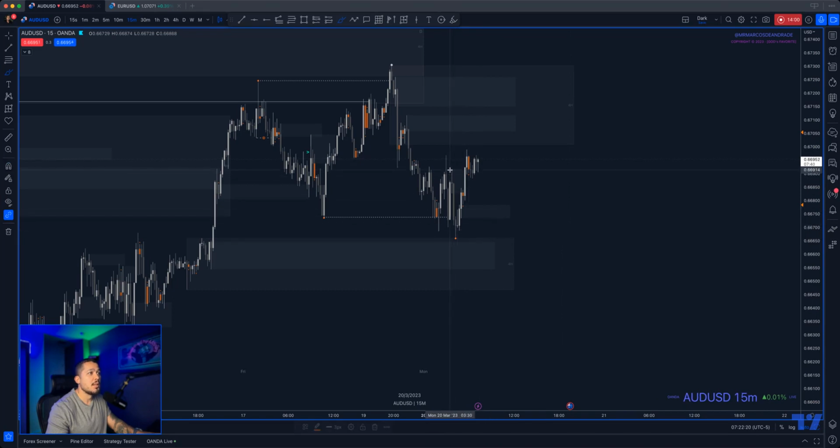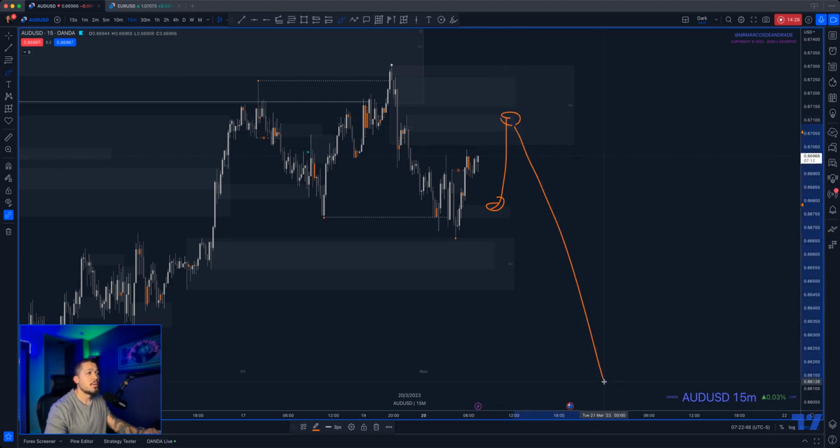Now we had the chalk here. Let me put a, so we had the chalk here to the upside, right? And so this could be the first signal that it wants to continue here. Even to continue this bearish move, we could take longs from here to one of these areas. And if it stops here and wants to continue down, we take shorts.